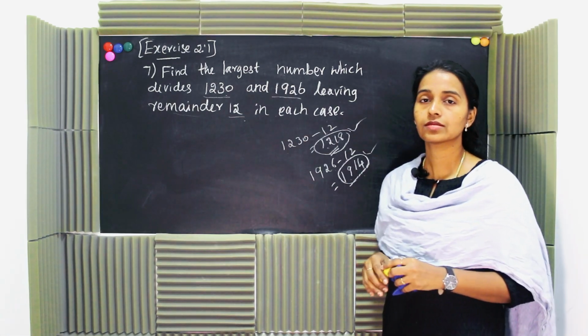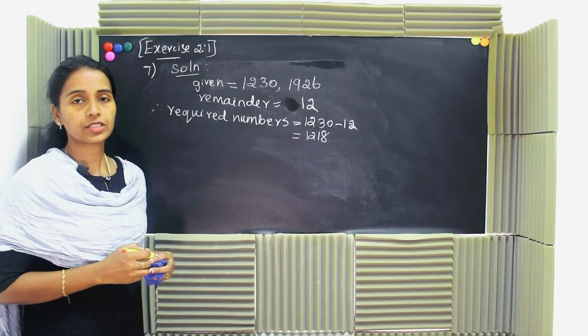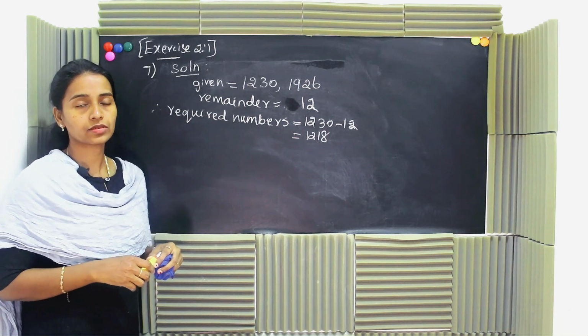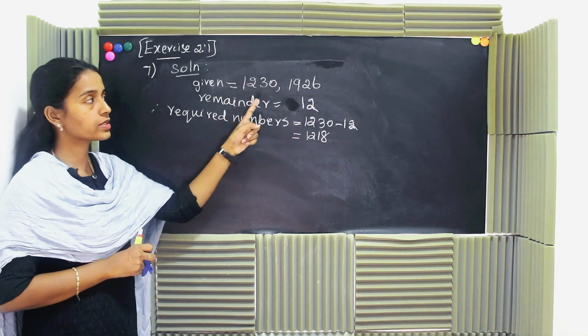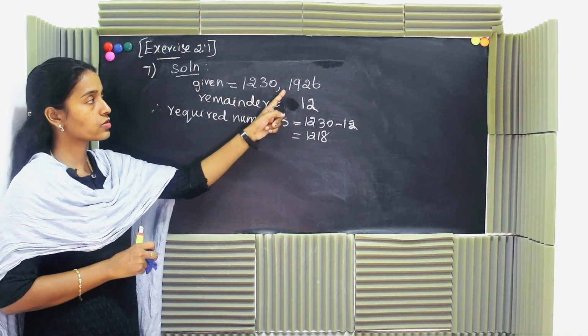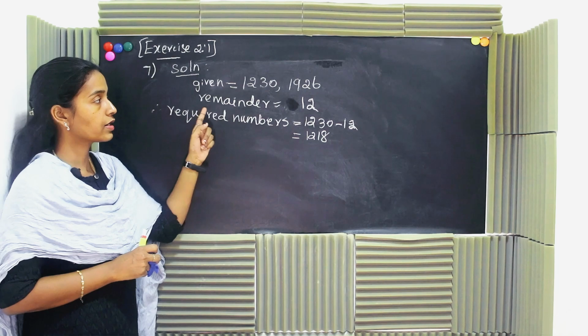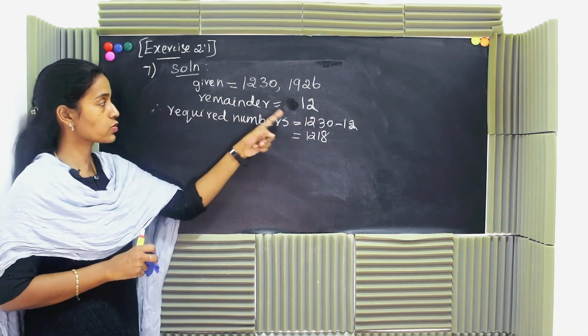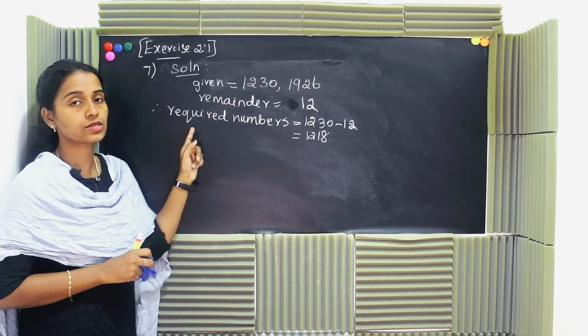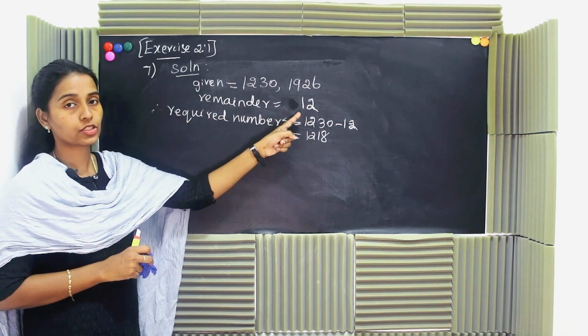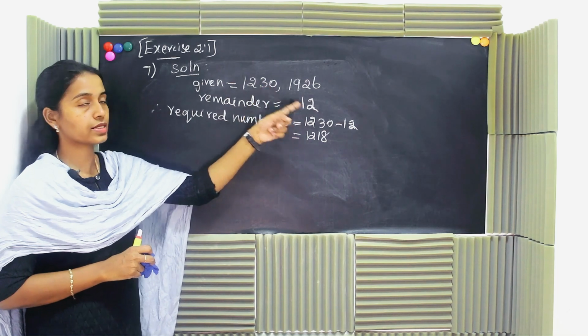Now we can see the solution. For this solution, I have written the given information. What is given in the question? Given numbers are 1230 and 1926, right? And the remainder is also given, that is 12. And how can we find the required numbers? We should subtract 12 from this and this.